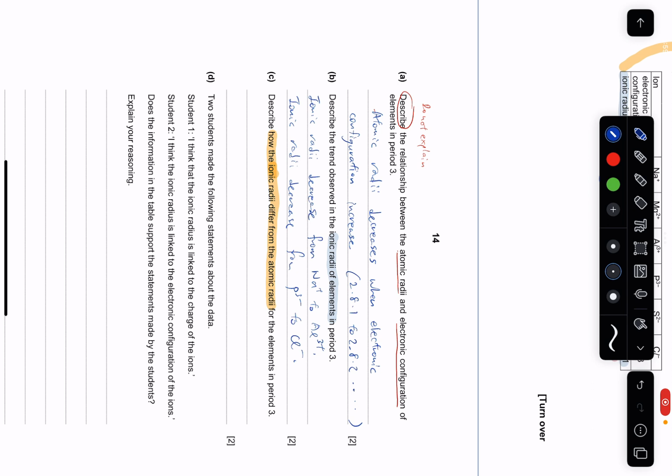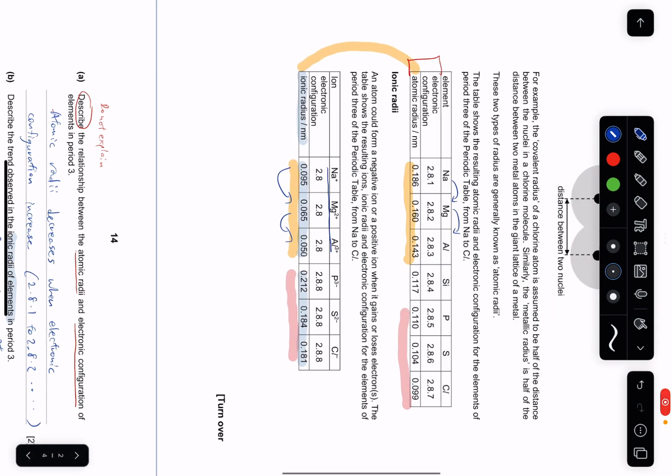So tell them the radius of the positive ion is much smaller than the atomic radius. Again, let's take a look again.